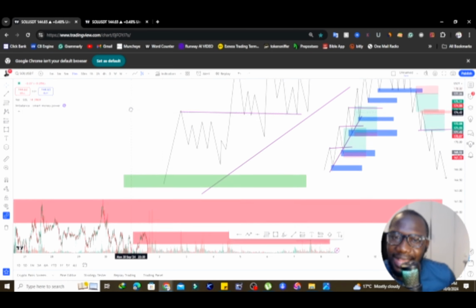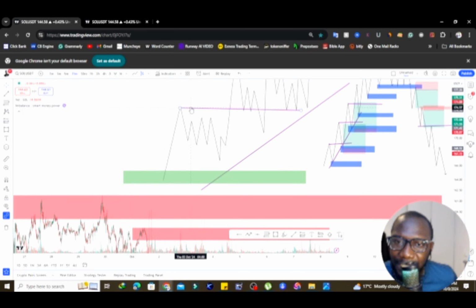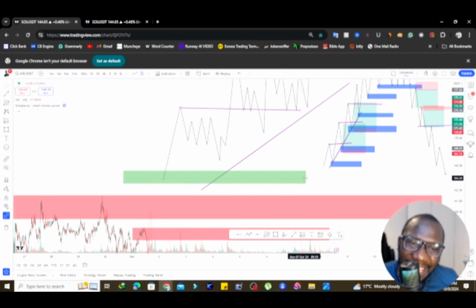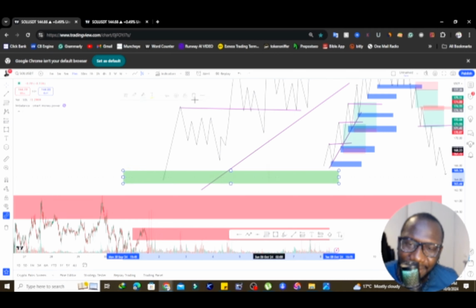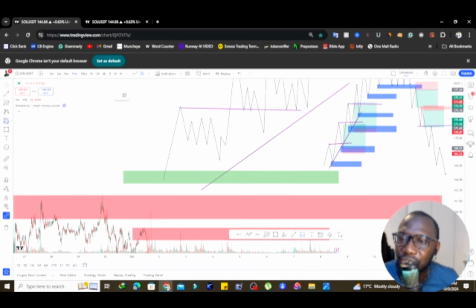The rule is, as far as this particular market, when it's pulling back, does not break this particular key level, this one we call a key level, the market can reverse from anywhere and it will still remain an uptrend. Which simply means the market can decide to do Fibonacci retracement and come to 50% retracement or 61.8 retracement and go up, or the market can even decide to come as low as 80% retracement.